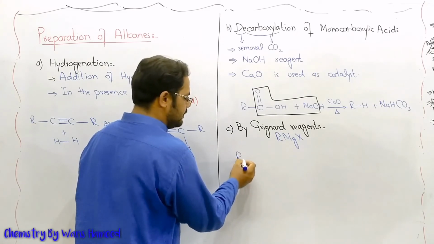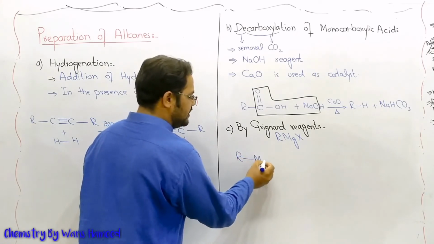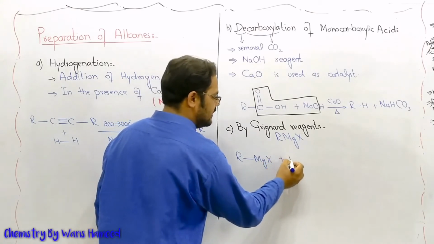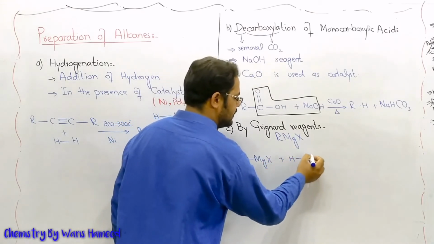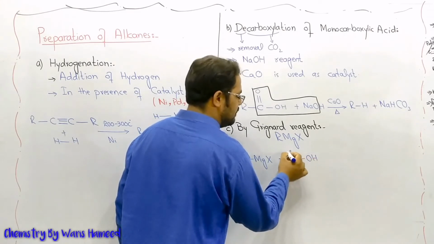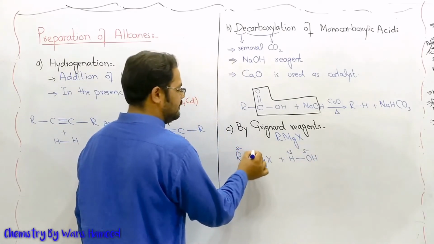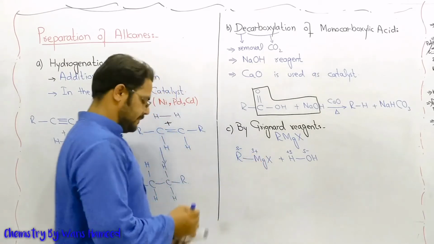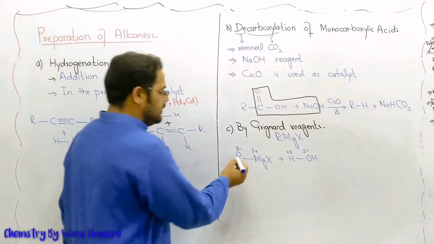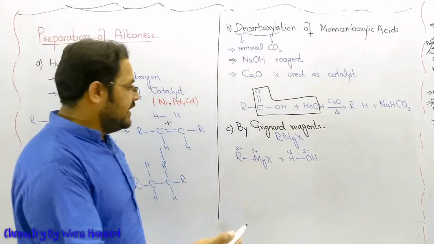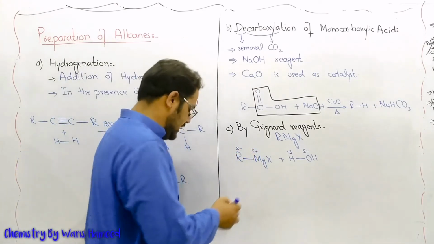RMgX plus HOH. It is partial positive, partial negative, and it is partial negative, partial positive. We know that the bond between the alkyl group and magnesium is reactive, and it will pick a hydrogen atom.